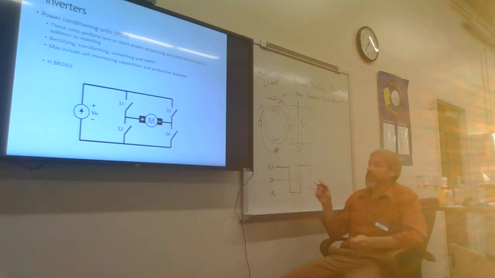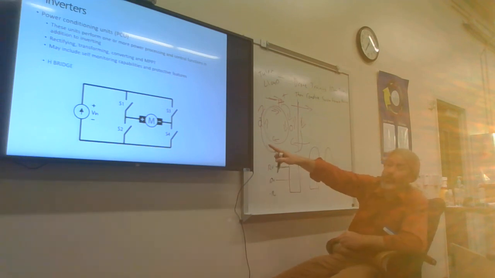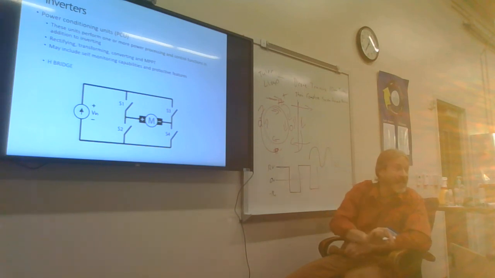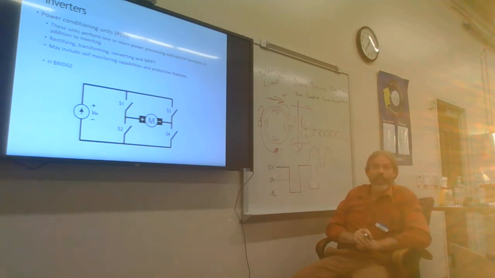Now, let's say that I had a waveform like this, and I wanted to run it through this device to turn it from AC into DC. I can do that, but it ends up looking like this. Zero volts, 120 volts, for example. I can charge a battery very easily with this, guys.